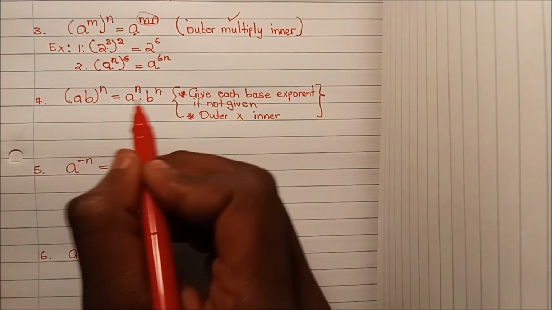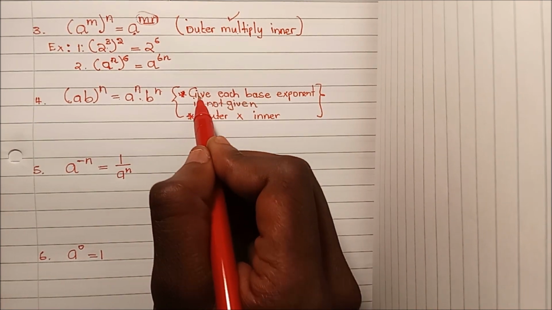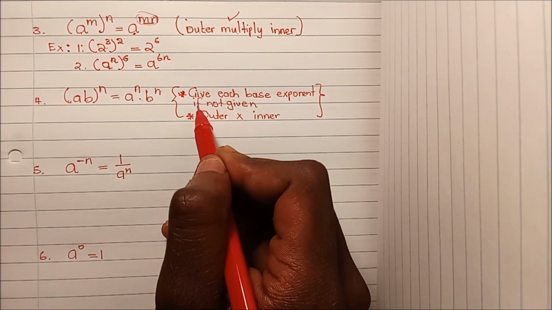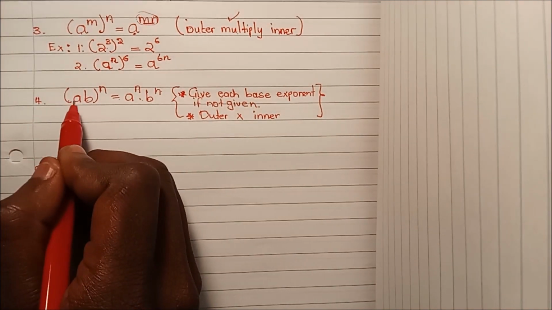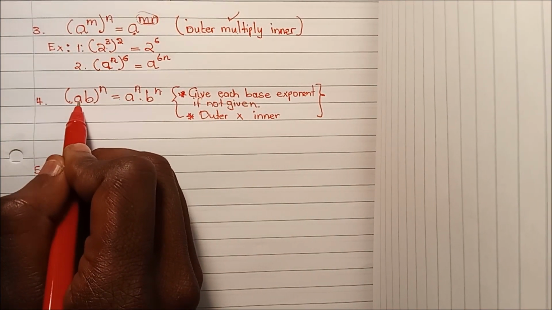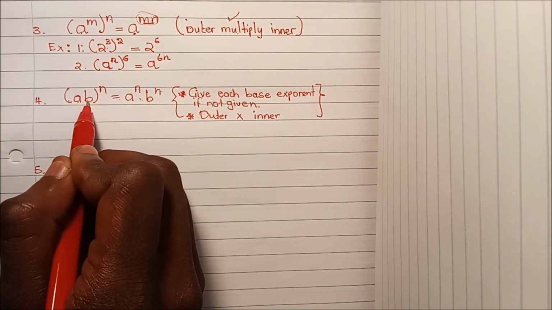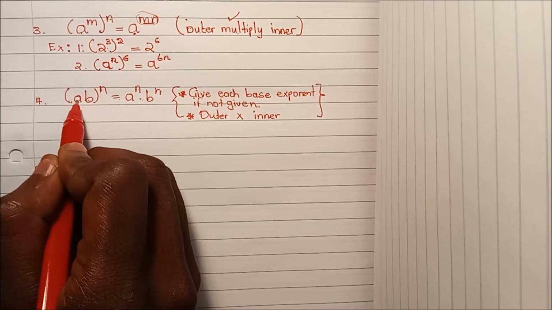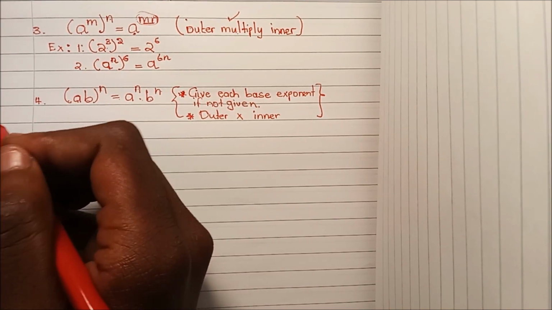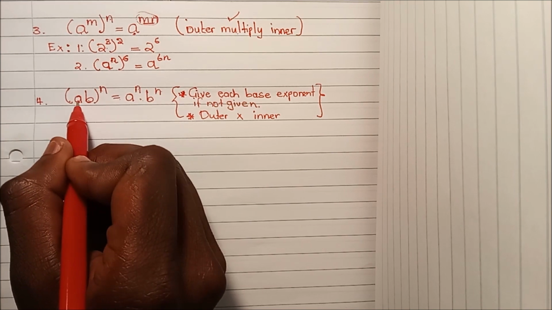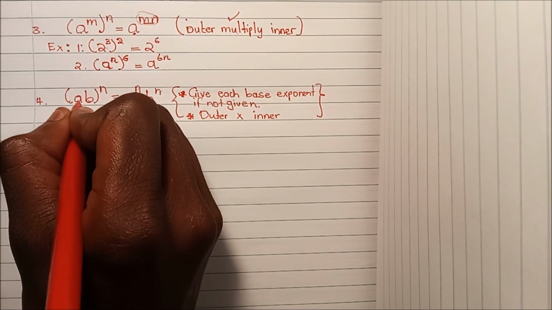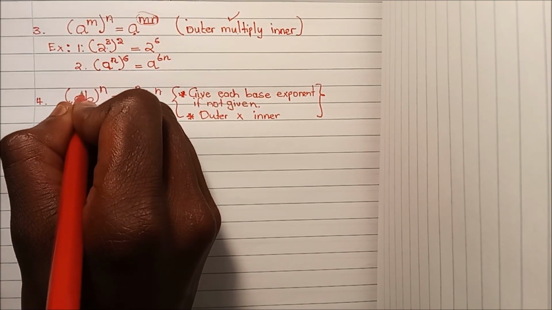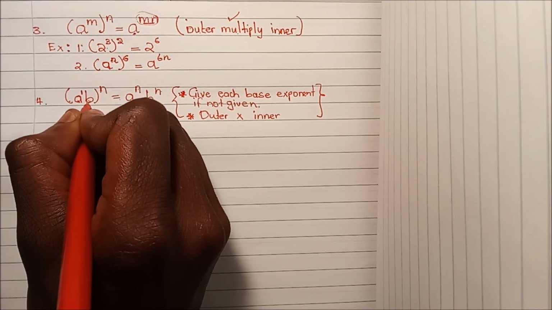Let's look at this. The first point says give each base an exponent if not given. So now let's look inside the brackets. We have a and then we have b. Are you aware that a and b have no exponents? So it's our duty to make sure that we give them exponents. So what is the exponent for a? Yes, it's going to be 1. What is the exponent for b?